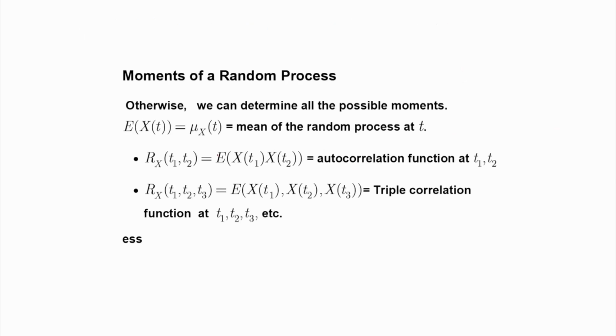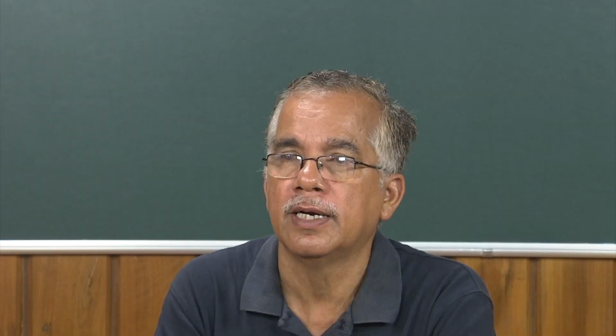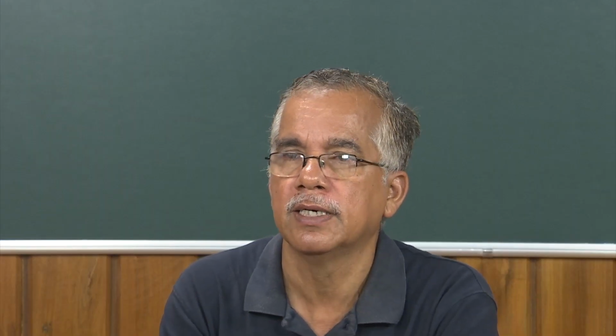Thus, we see that we have to define the joint CDF for all possible n and for all possible placements of the time points tn. So, describing a random process in terms of joint CDF is difficult.